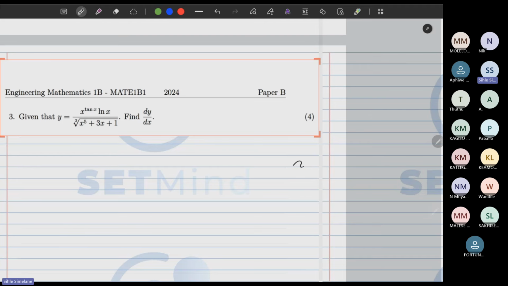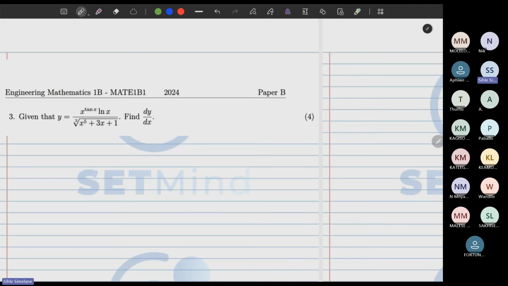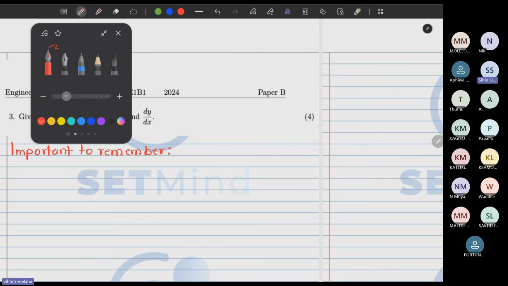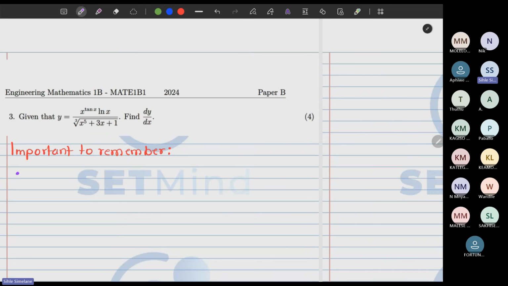So this requires us guys to understand a couple of rules. So I'll say here, important to remember. There's a couple of things that they require you to remember for this problem. One of them, which I identify, is our product rule. So you need to remember your product rule of differentiation. Secondly, they expect us to remember our chain rule.